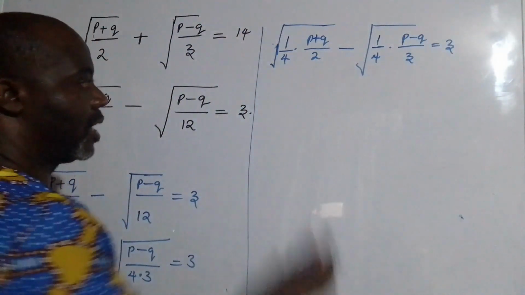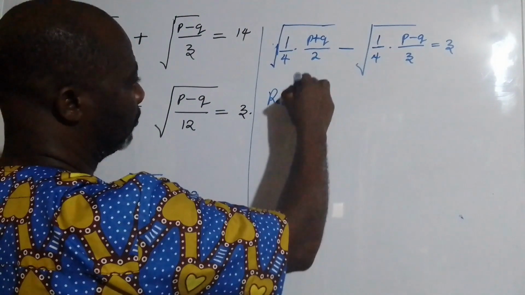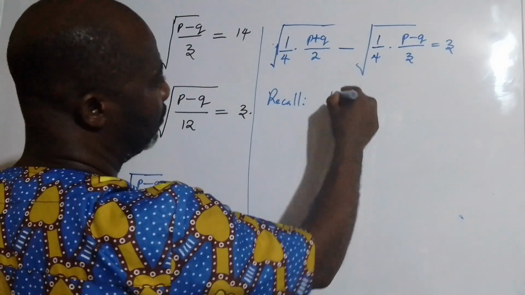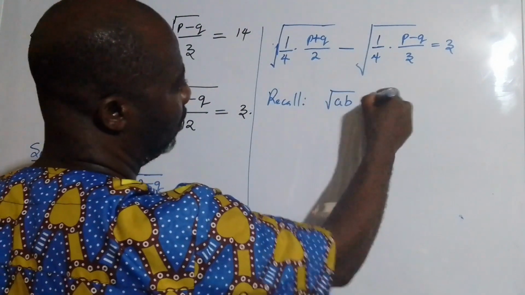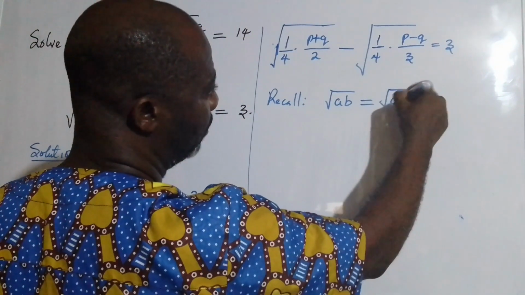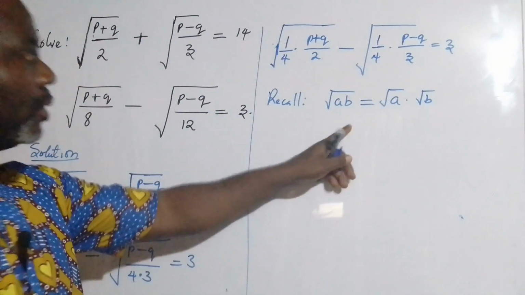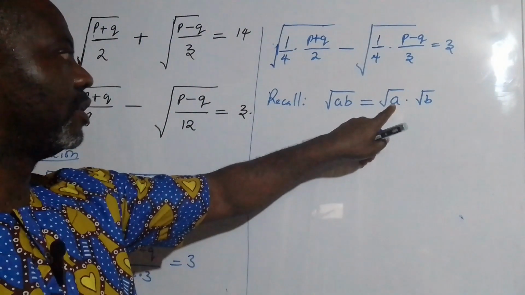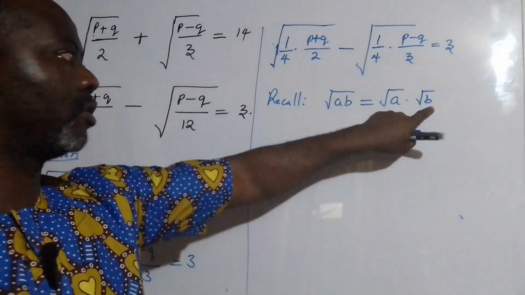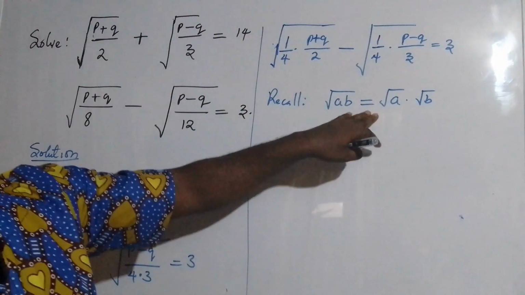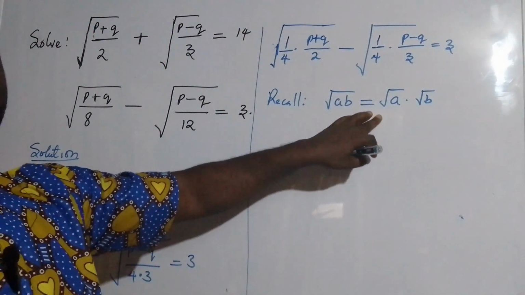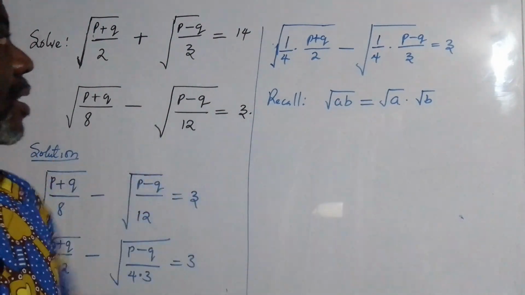Now recall that square root of ab is the same thing as square root of a dot square root of b. This is one of the rules of simplification of radicals.